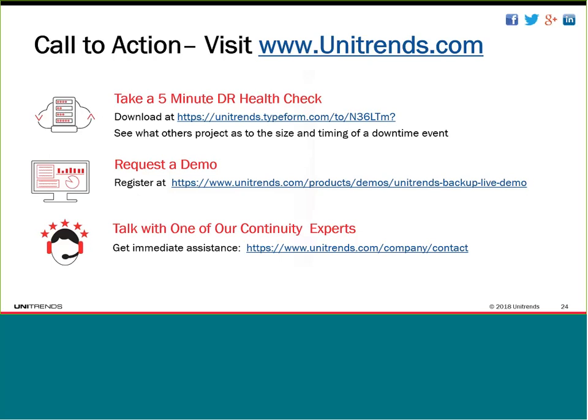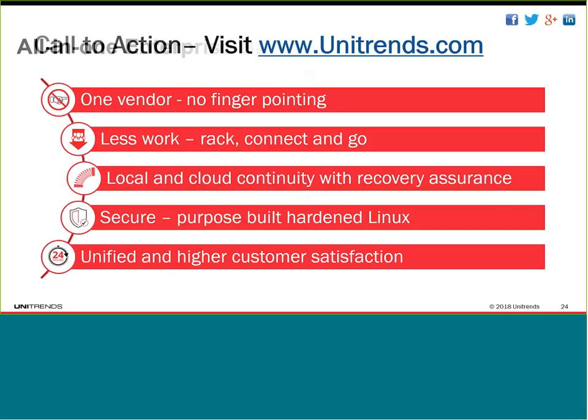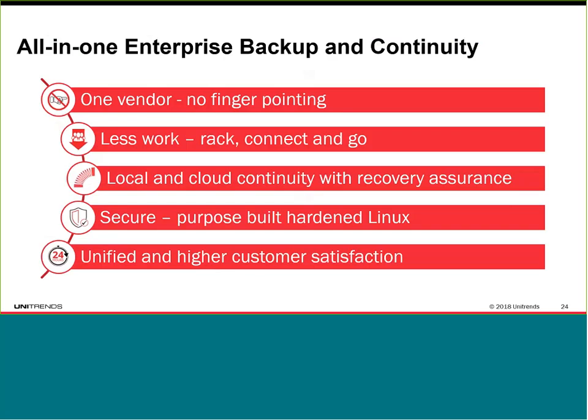So in conclusion, what the Unitrends solution provides is an all-in-one enterprise backup and continuity solution that eliminates any finger pointing because it's all managed through one vendor, gives you less active management work while still ensuring local and cloud continuity with automated testing with that recovery assurance feature.